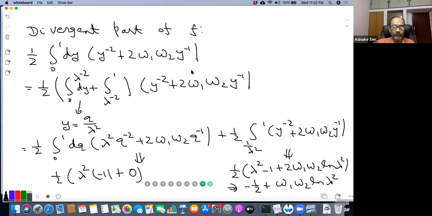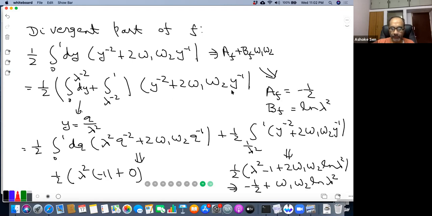Now if you remember that we have parameterized this by AF plus BF omega 1 omega 2, by comparing this, we get AF equal to minus half and BF equal to log lambda square.